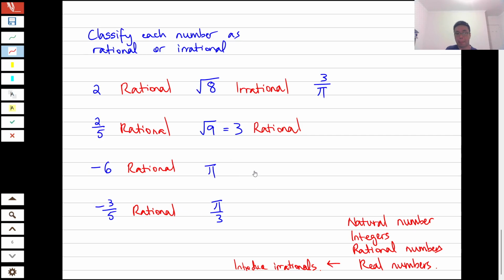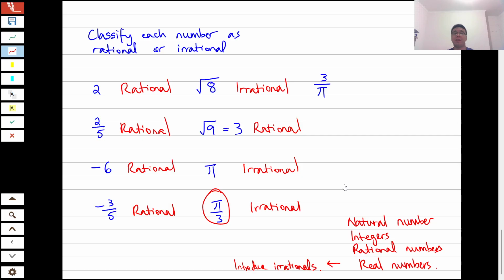Okay, the number pi is irrational. If I take an irrational number and divide it by 3, it's still going to be irrational. Now, you might say to me, Mr. Chu, this looks like a fraction to me, and I thought fractions were rational numbers.